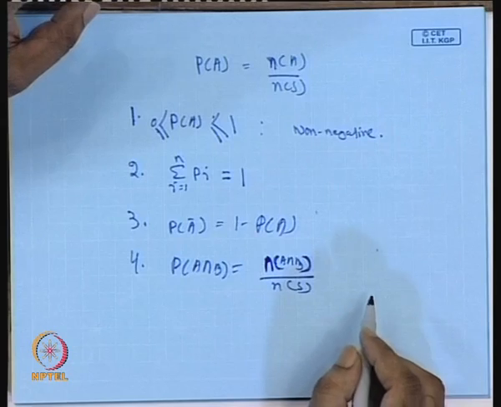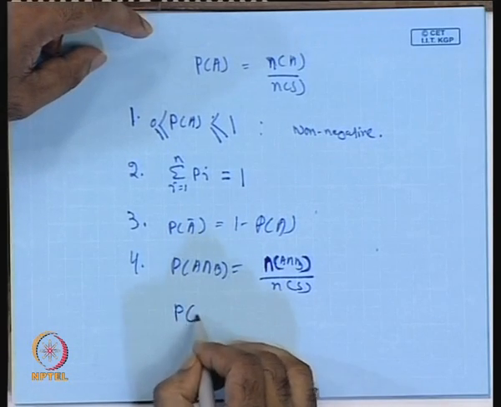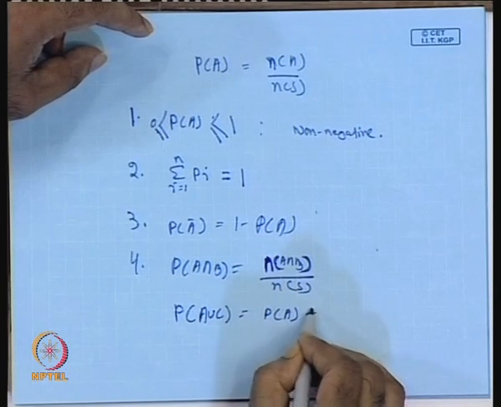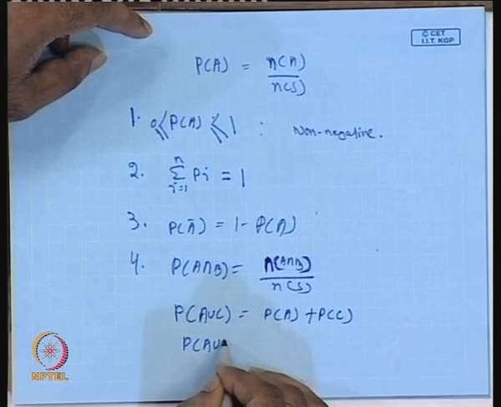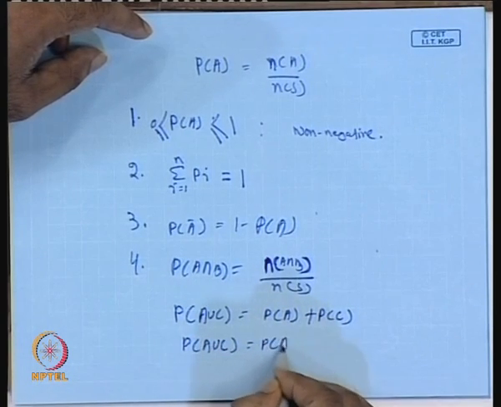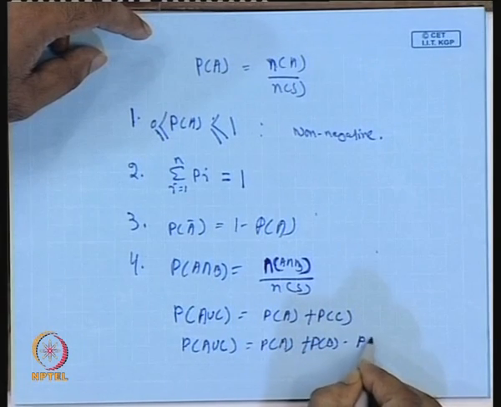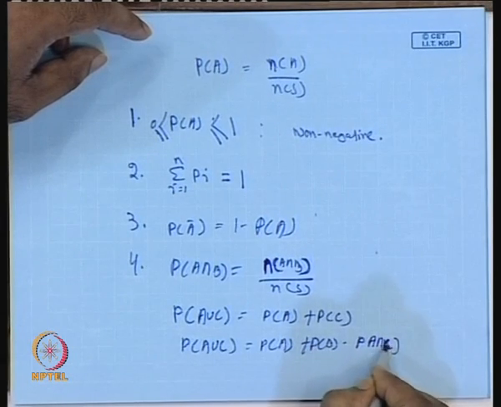Okay. And for the mutually exclusive case, P(A union C) is equal to P(A) plus P(C). Where P(A union C) generally is P(A) plus P(C) minus P(A intersection C).